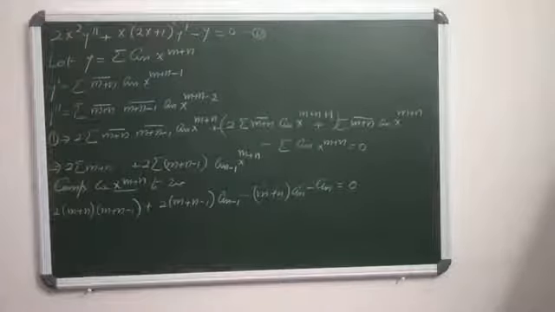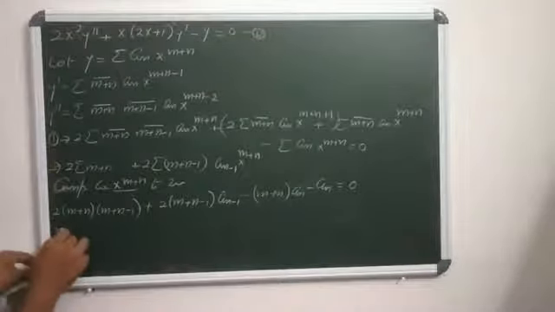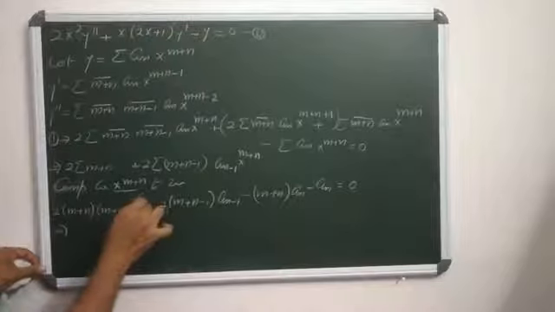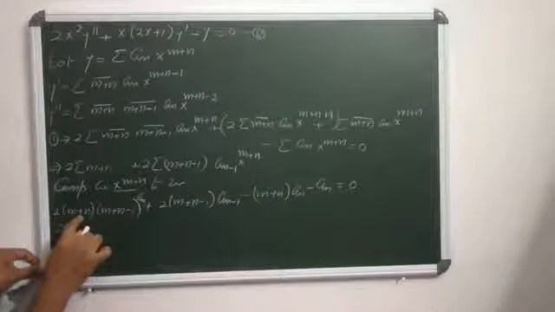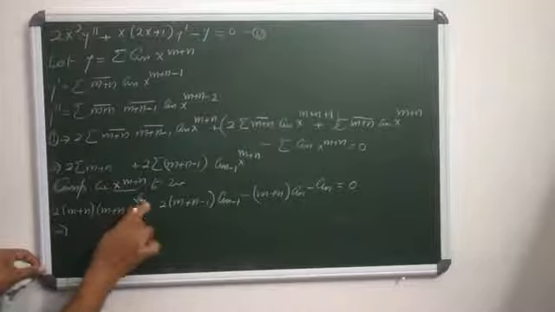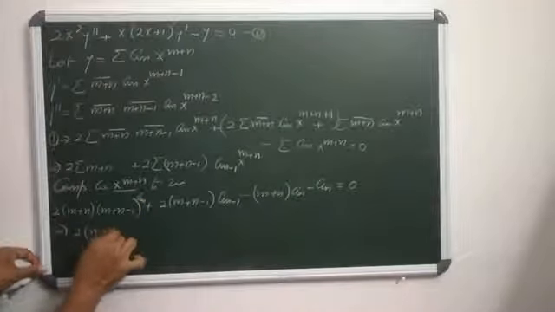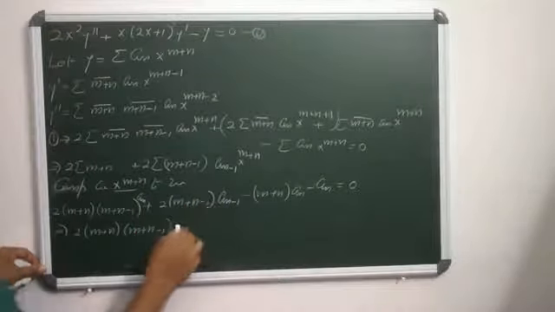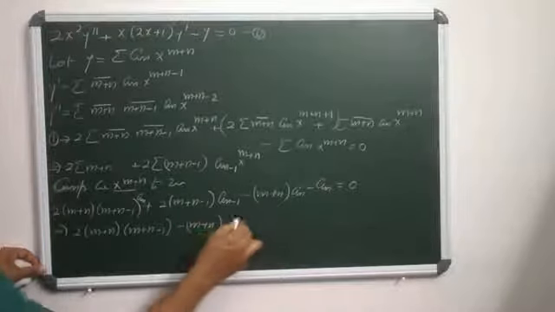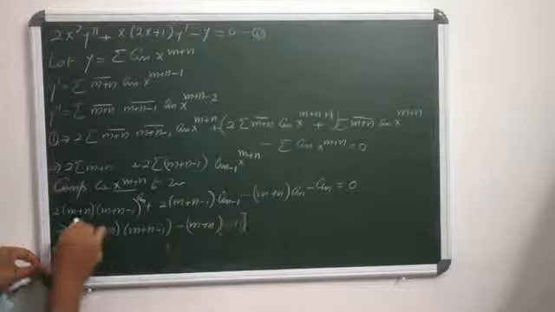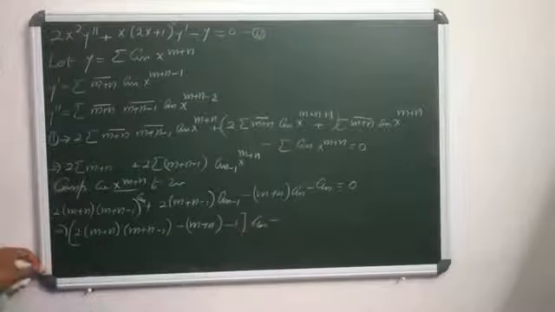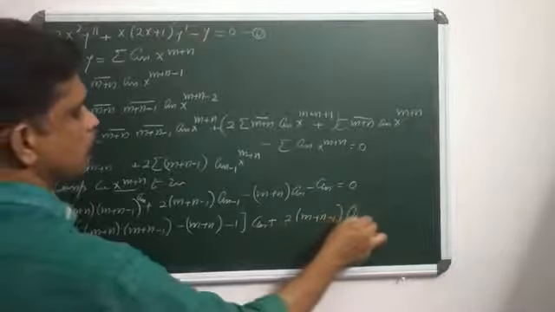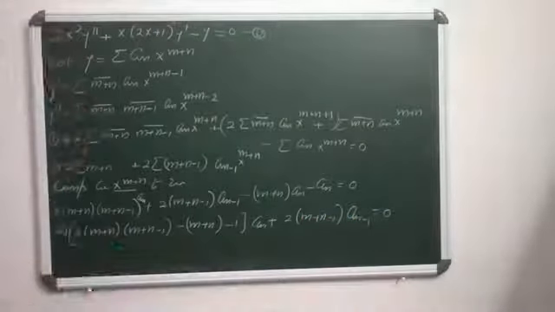Okay. So collecting the terms involving a_n, what do you get? 2(m+n)(m+n-1) a_n plus (m+n) a_n minus a_n plus 2(m+n-1) a_(n-1) equals 0.